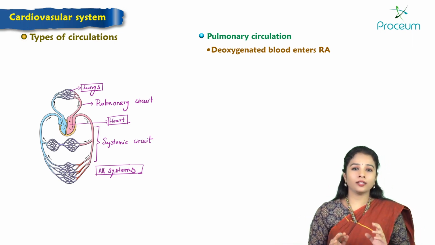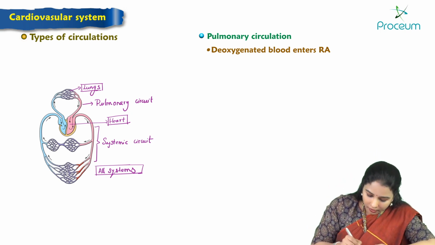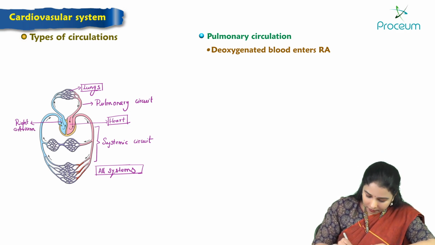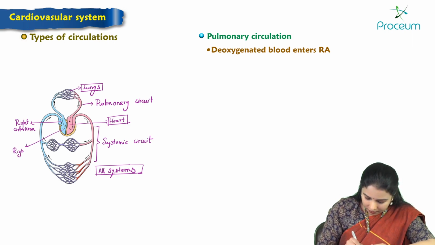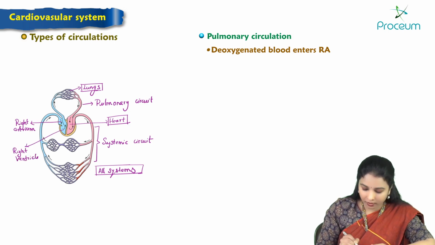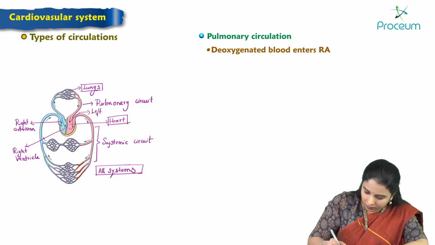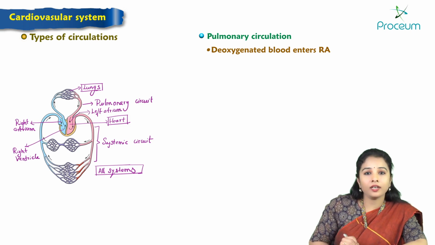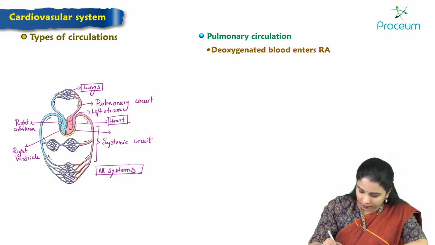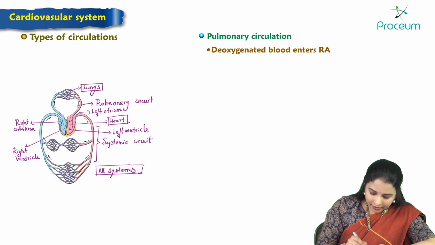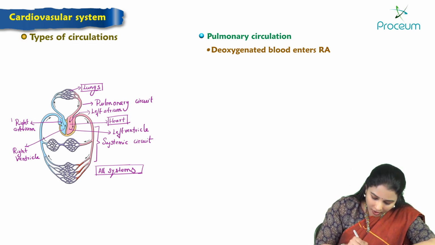We know the heart is divided into 4 chambers: right atrium, right ventricle, left atrium, left ventricle.